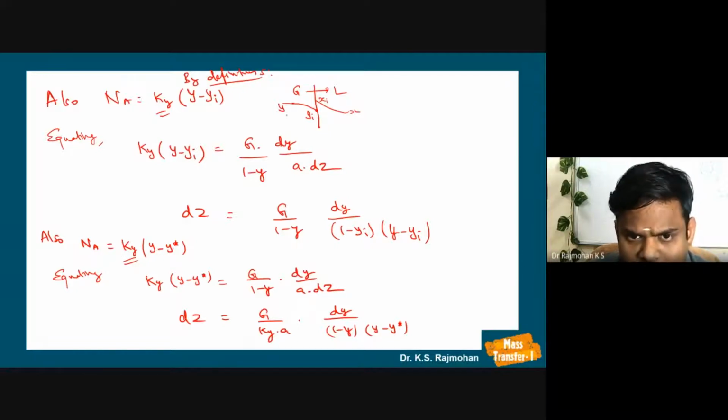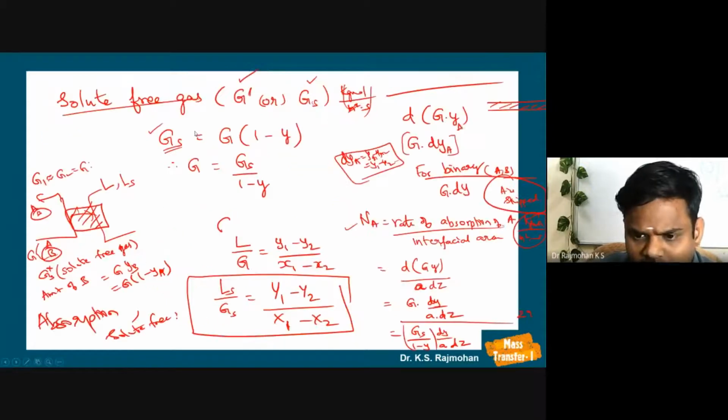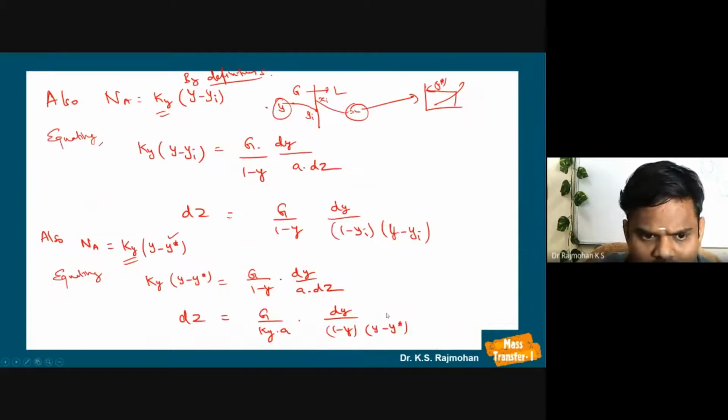Actually it should be bulk concentration y to bulk concentration x, and this has a corresponding equilibrium value for this x, which is our y star value. That is how we define this overall mass transfer coefficient. NA equal to Ky into y minus y star, and if you equate this to the previous term, here also flux is equal to this, and this flux should be equal to this definition by the mass transfer coefficient term.